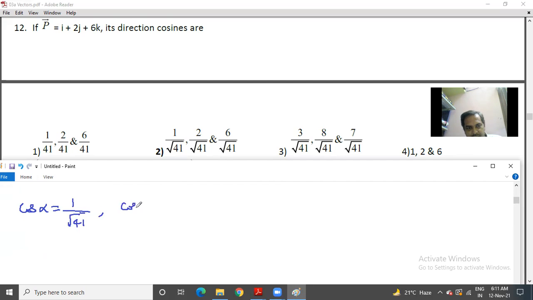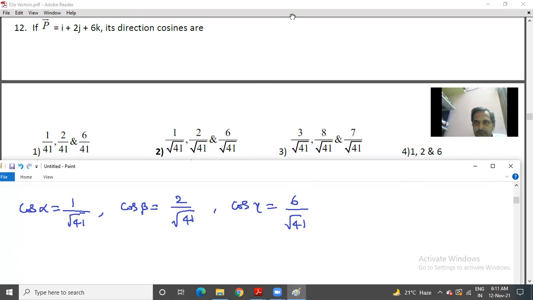Next, cos beta is ay, so 2 by root 41, because ax square, ay square, az square is the same. Cos gamma is az by the magnitude. What is az in the given vector? It is 6. So 1 by root 41, 2 by root 41, 6 by root 41. So the second option is correct.